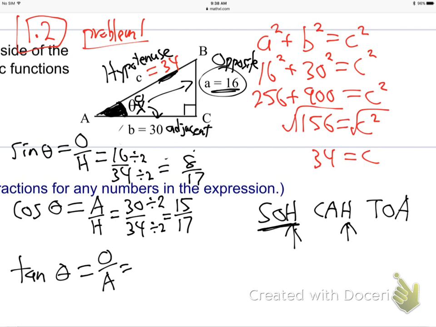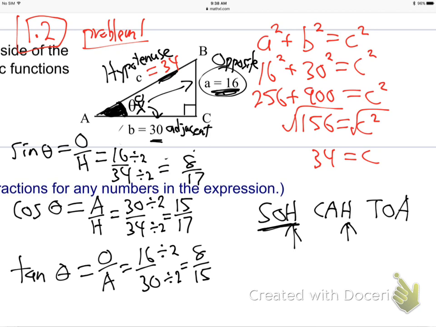And the opposite is the 16 over the 30. And that you can divide by 2 top and bottom again, 8/15. We good with all that? Sine, cosine, and tangent of angle theta. Questions I can answer so far?